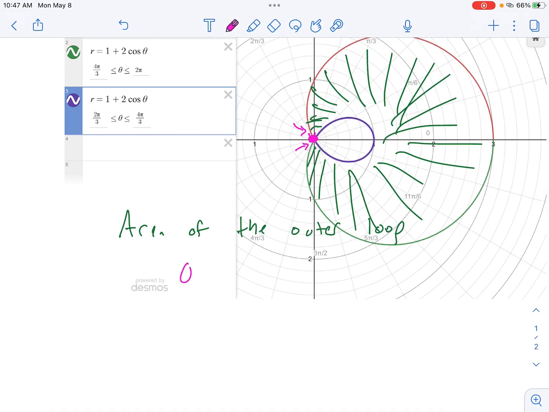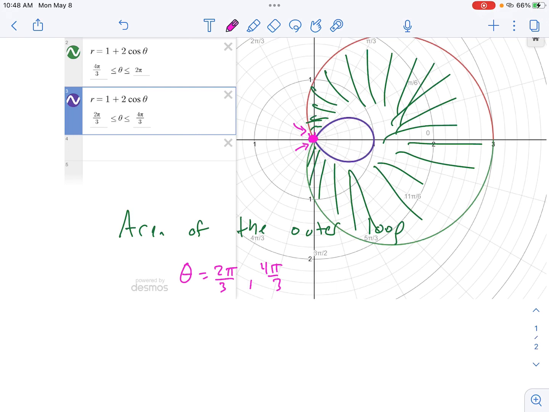So in this particular problem, 2 pi thirds is a point of intersection. Then as you keep tracing around the inner loop, you find that we hit it again at 4 pi thirds.